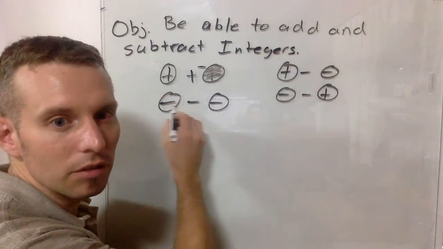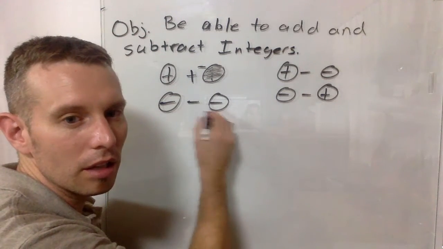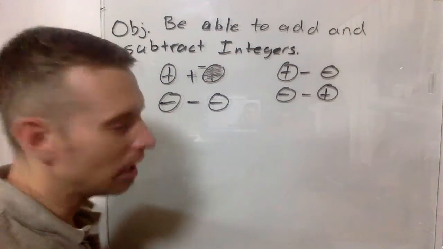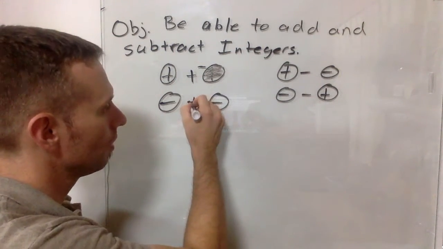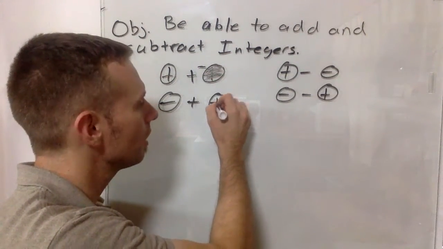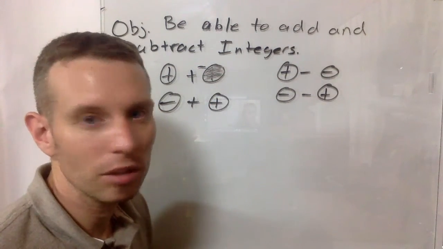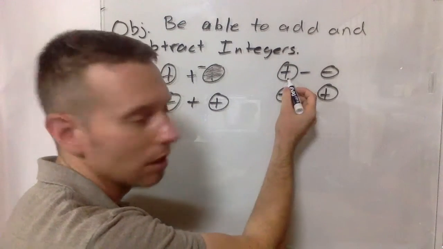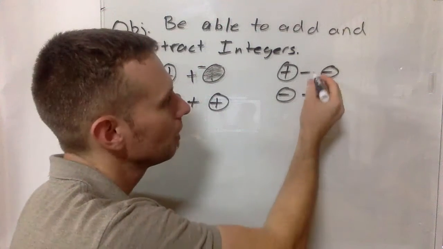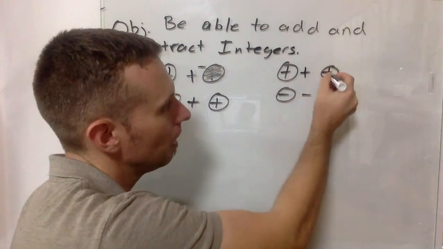A negative minus a negative, or subtract a negative. So we're going to add the opposite. We change this to addition, and the opposite of a negative number is a positive number. Moving on. Positive, subtract a negative, we add the opposite.